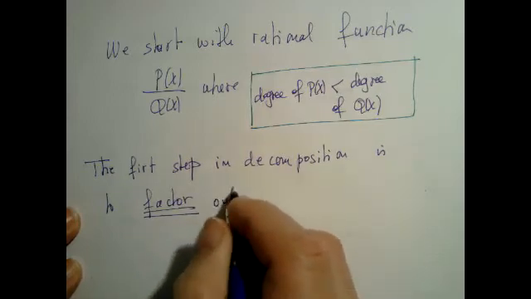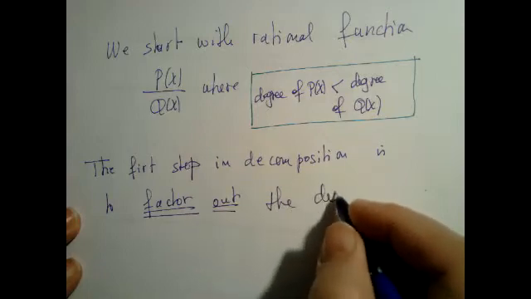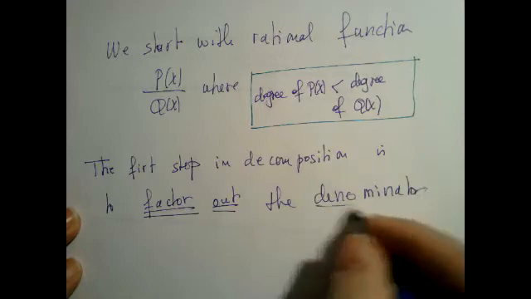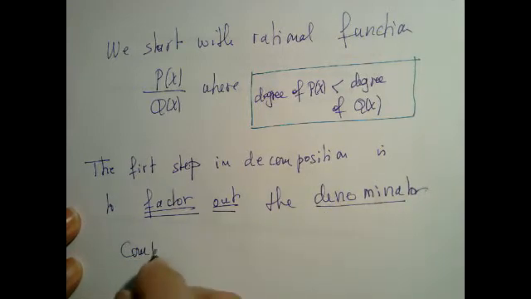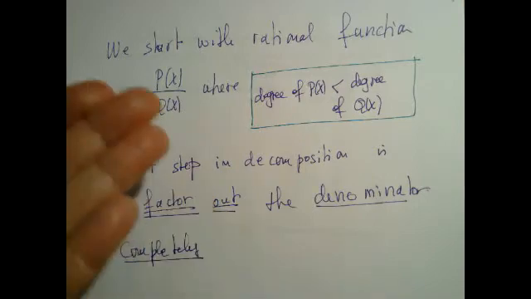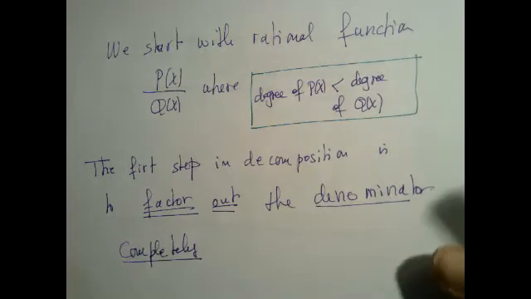Factor out, that's the first crucial step, the denominator completely. So whenever you have a rational function, if substitution fails, you have to do something that we're going to learn today. The first step is total factorization of the denominator.